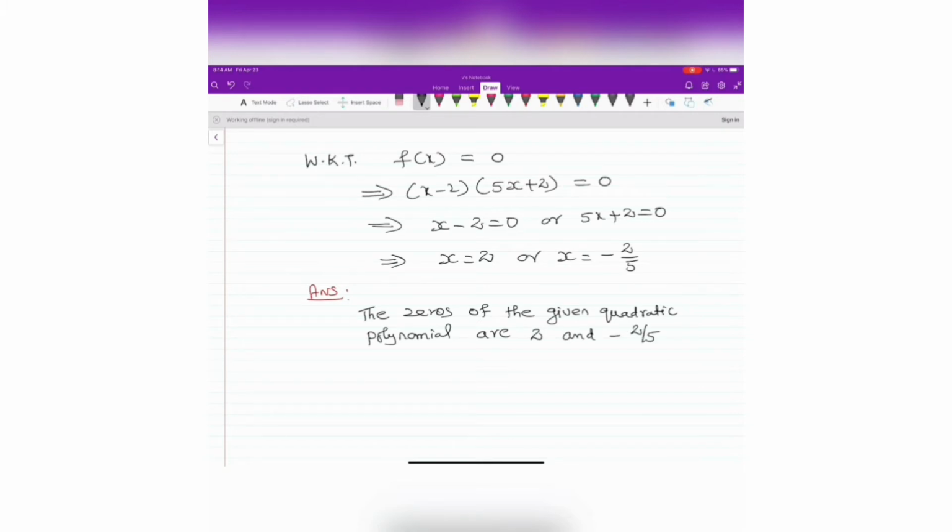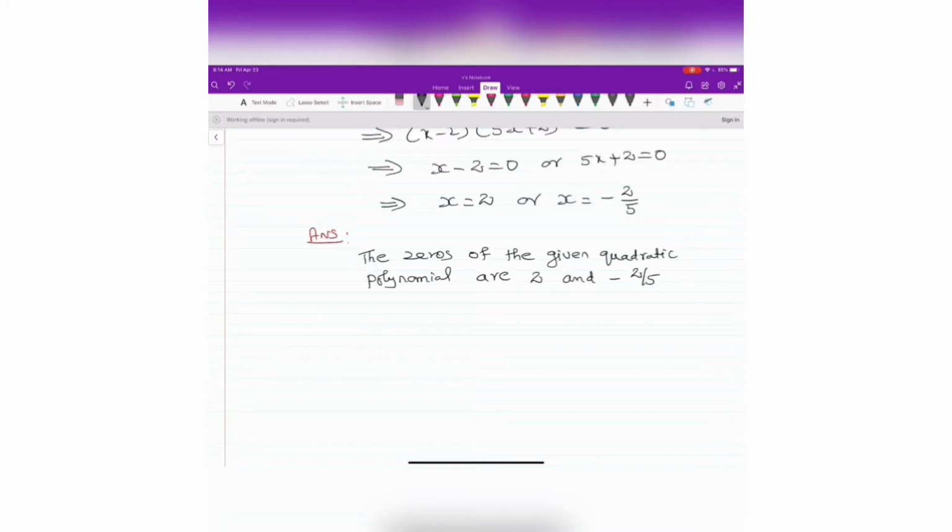So, we have answered the first part of the question. Now, we have to verify the relationship between the zeros and the coefficients of the given polynomial.